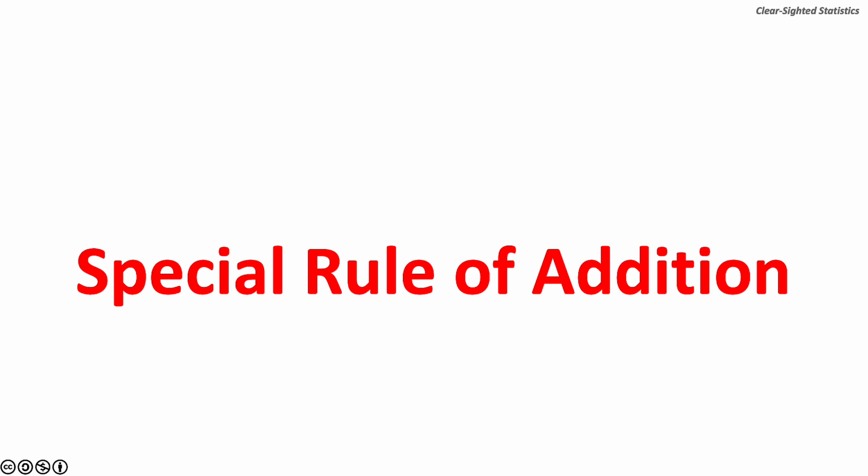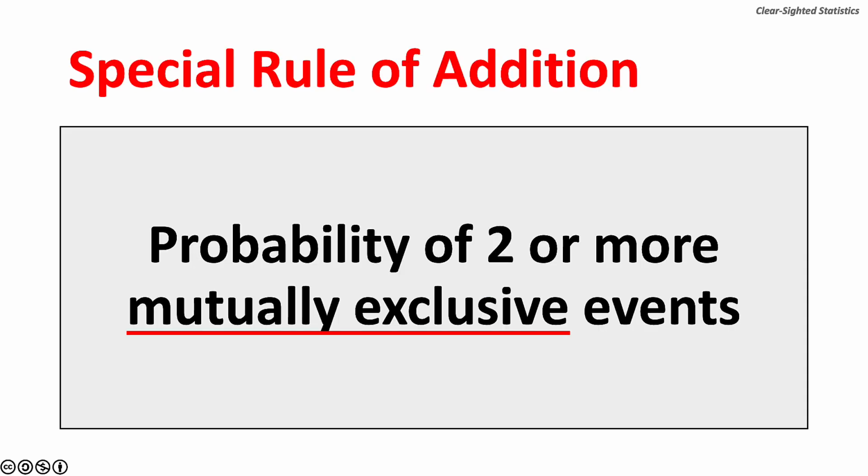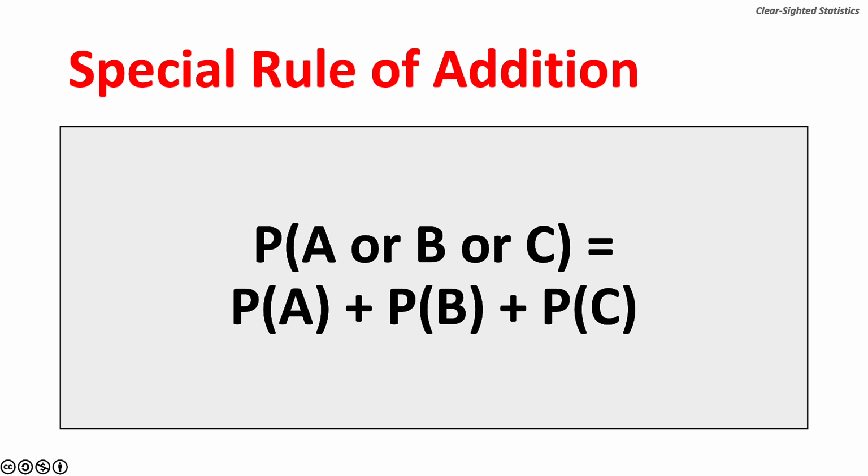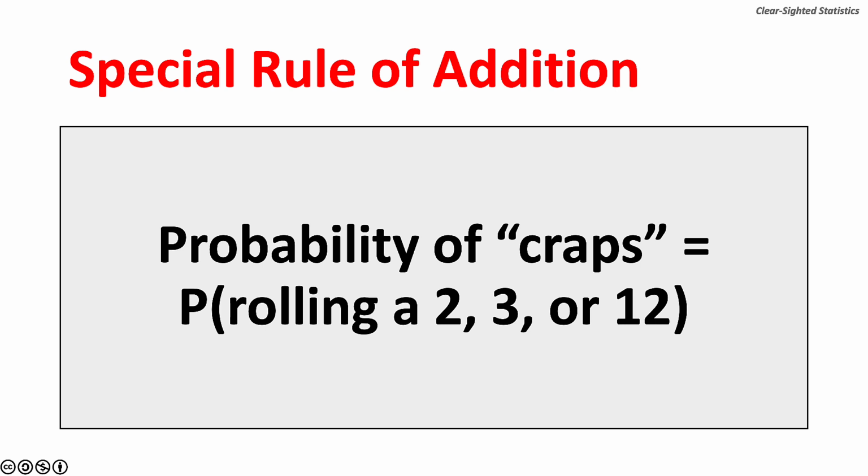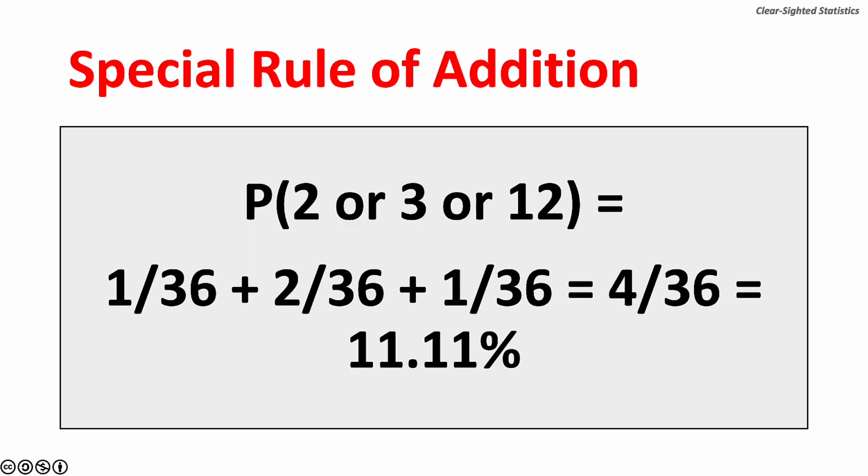We will now turn to the special rule of addition. The special rule of addition applies to the probability of two or more mutually exclusive events. The special rule of addition states that the probability of A or B or C equals the probability of A plus the probability of B plus the probability of C. The probability of rolling craps in a game of dice is the probability of rolling a 2, 3, or 12. 1 over 36 plus 2 over 36 plus 1 over 36 equals 4 over 36, or 11.11%.